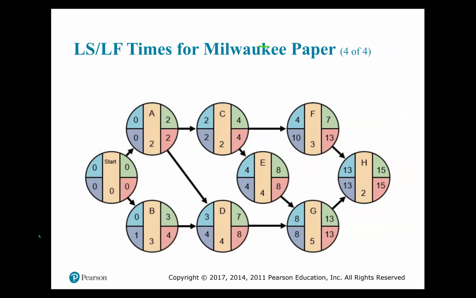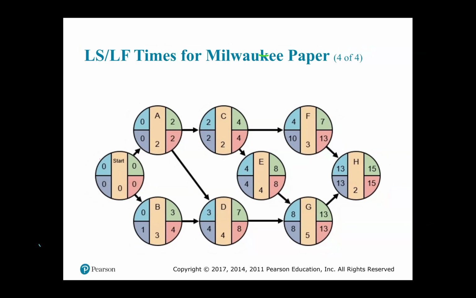And so here is a complete look. So I must finish this by drawing in my finish node. So I have my finish with my 15, right? Because that's where it really should end.